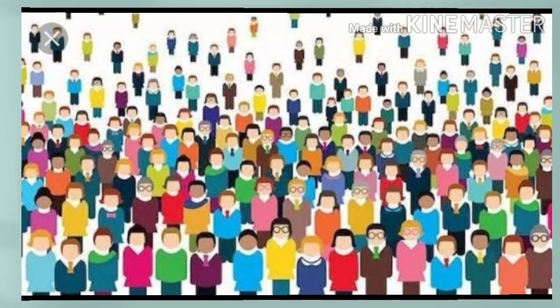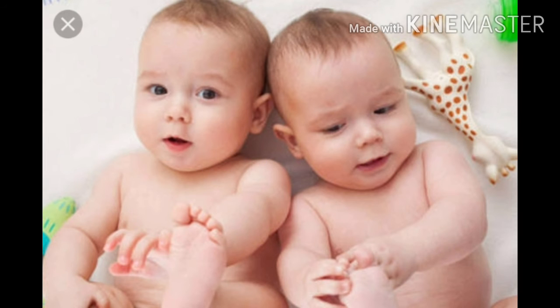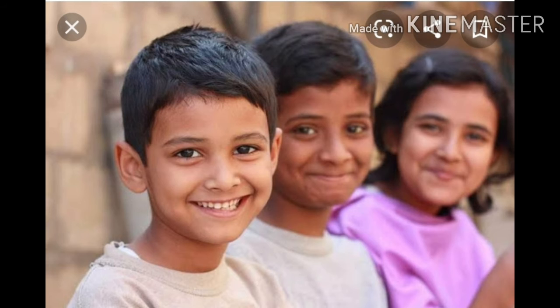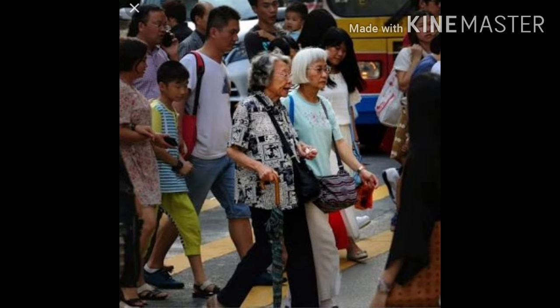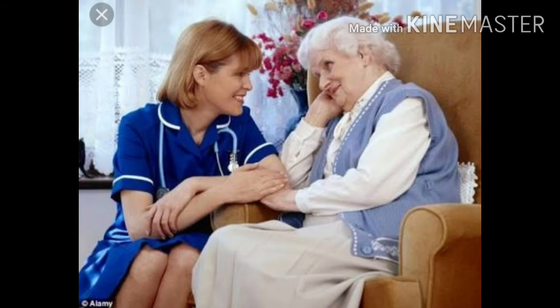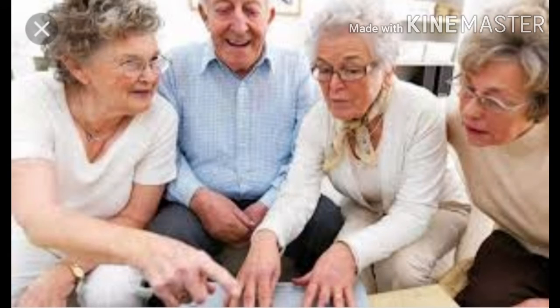First characteristic of population is age composition. The population of a country comprises three broad groups: people aged below 15 years, people aged between 15 years and 65 years, and people aged above 65 years.